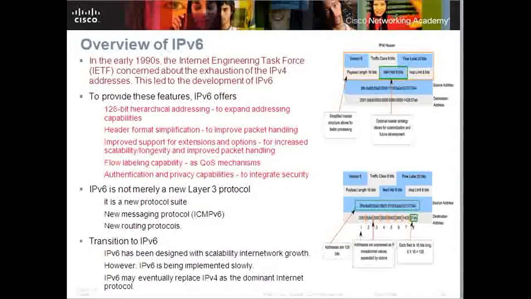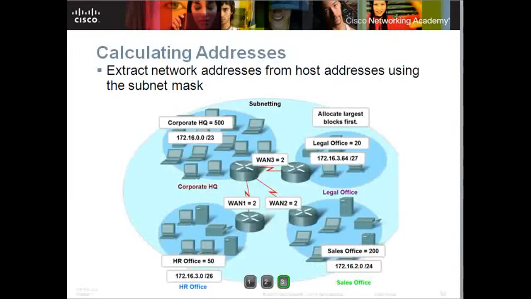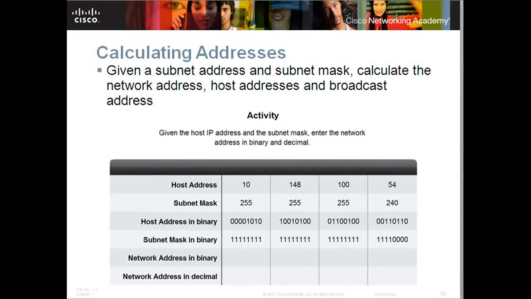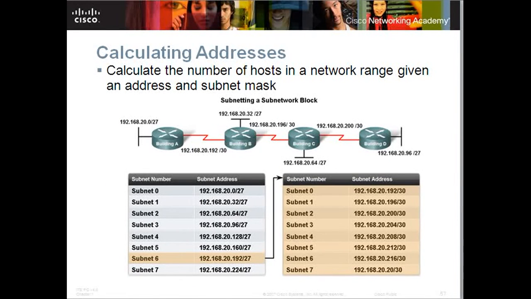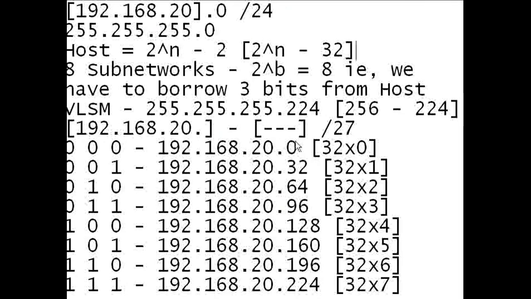Why will it all be /27? Because you had 24, now we are borrowing 3 bits, so it's all /27. So this is how we are creating the subnetworks.